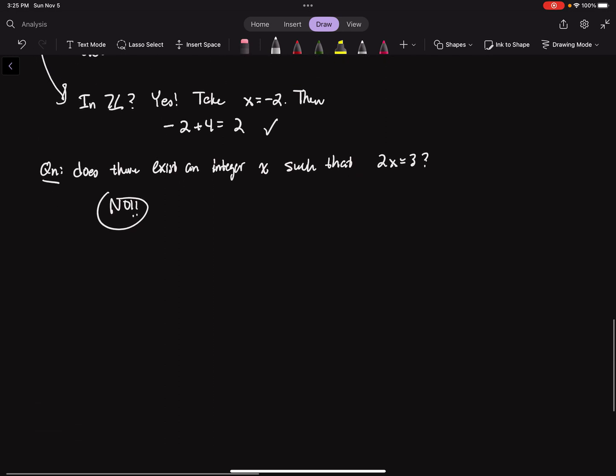Okay, so what we do, again, we graduate from the set of integers to a new set called the set of rational numbers.